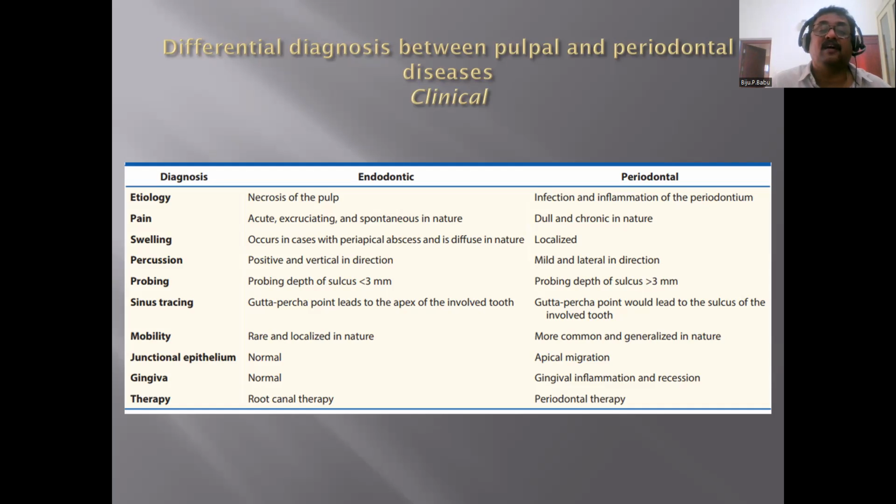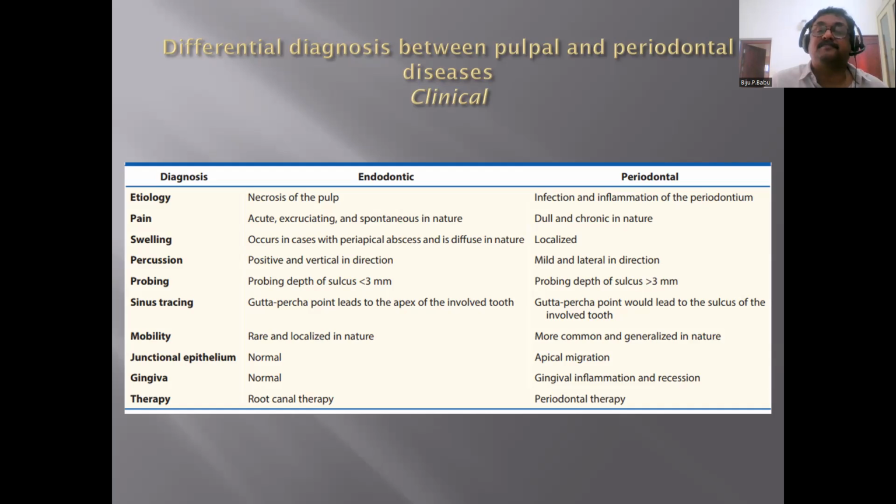Percussion in endodontic condition: when you percuss the tooth in the vertical direction, there is pain, because there is periapical inflammation of the tissue. So when you percuss the tooth in the vertical direction, usually the patient has pain.